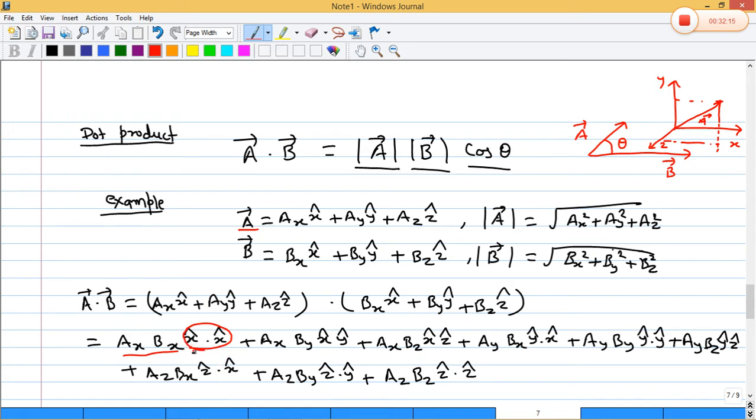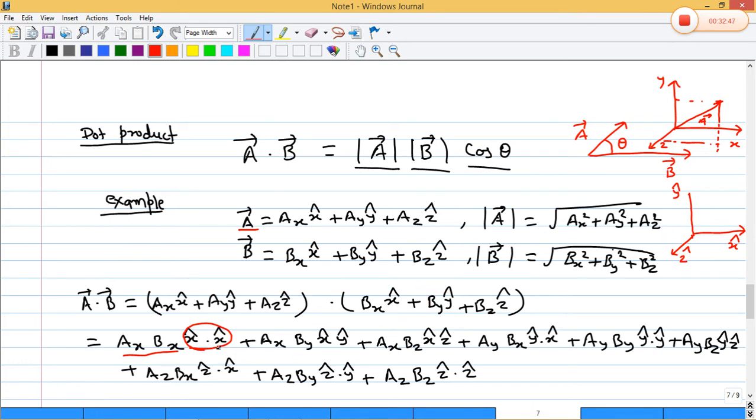Because this has one magnitude, but it also has direction, and direction will decide the theta angle. So x cap into x cap. If this is a unit vector, then in this direction is x cap, this direction y cap, and along this direction z cap. So these are all perpendicular to each other.